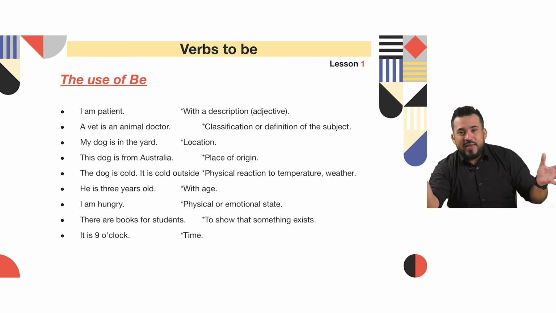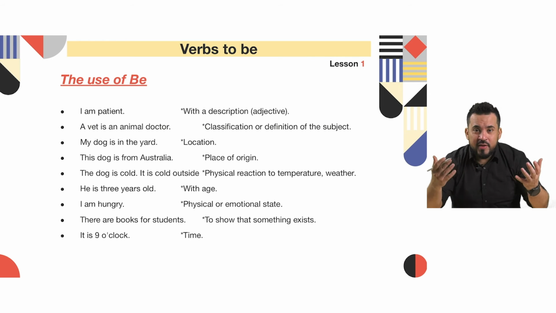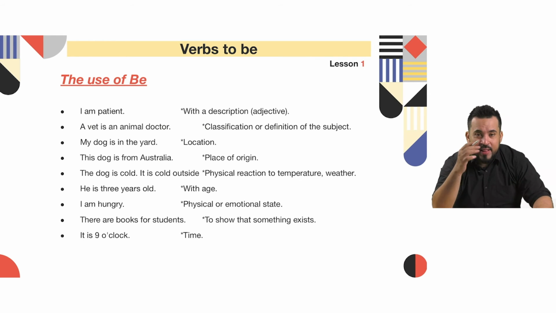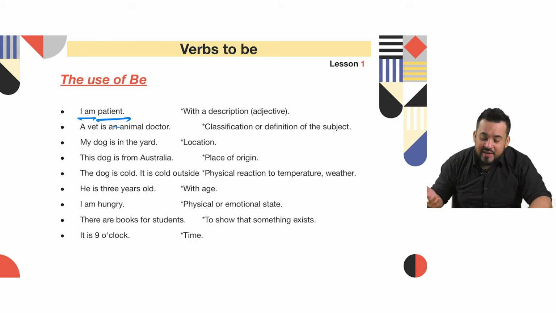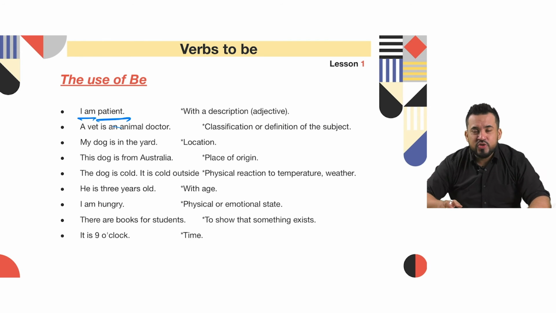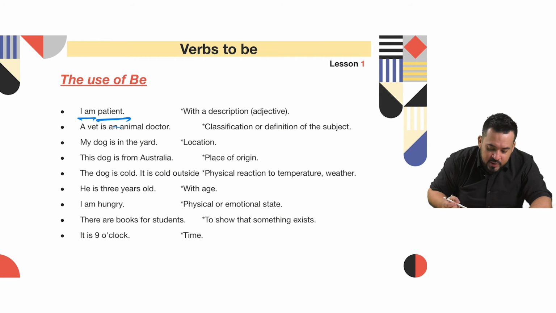We use verb to be as a descriptive form. What does that mean? To describe the subject. So we say, I am patient. So we use the verb to be with patient. This is a description. Description means adjective, because adjectives are used to describe nouns.